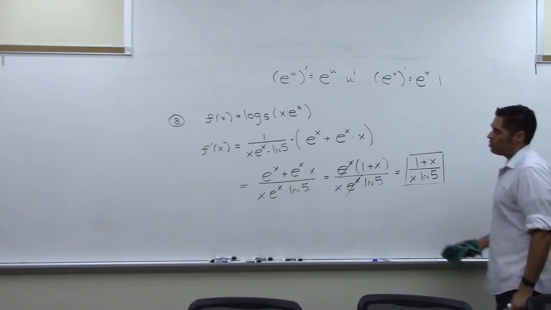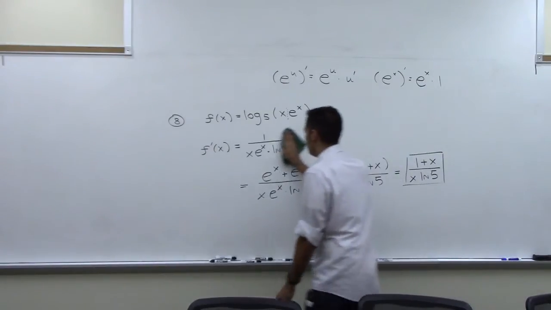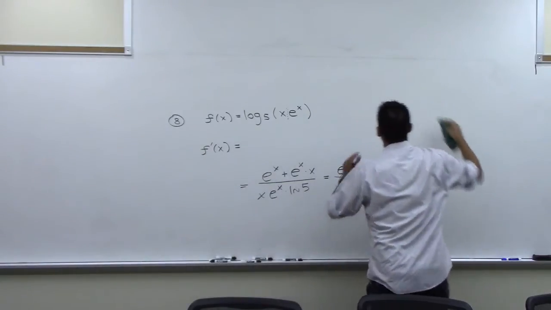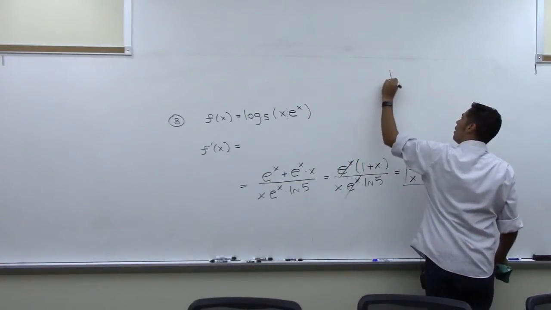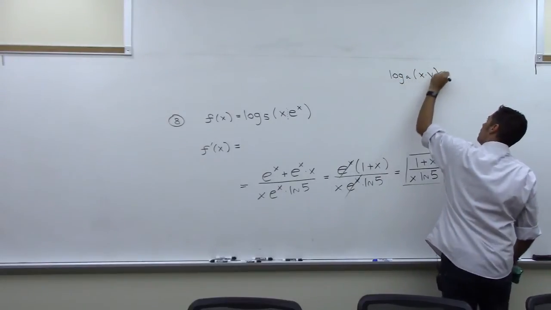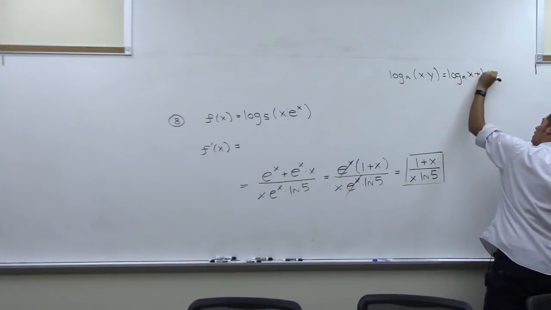Now let me approach the problem slightly different. I'm going to use a property of logs before I start taking the derivative. So again, going back to college algebra, if you have log base a of x times y, this is the same as log base a of x plus log base a of y.